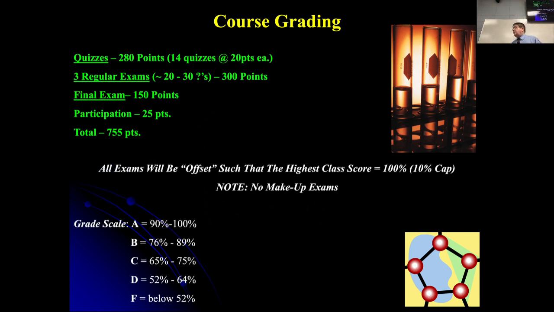Now, I do have an expanded grading scale from what many of your other classes are. I have always been perplexed as a faculty member, why do most people devote the vast majority of the grading scale to failure? Right?